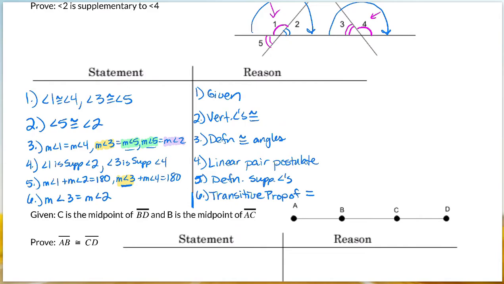I'm going to use the right side over here to continue the proof. Statement number 7 would be to say the measure of angle 2 plus the measure of angle 4 is 180. And the reason for that was substitution.